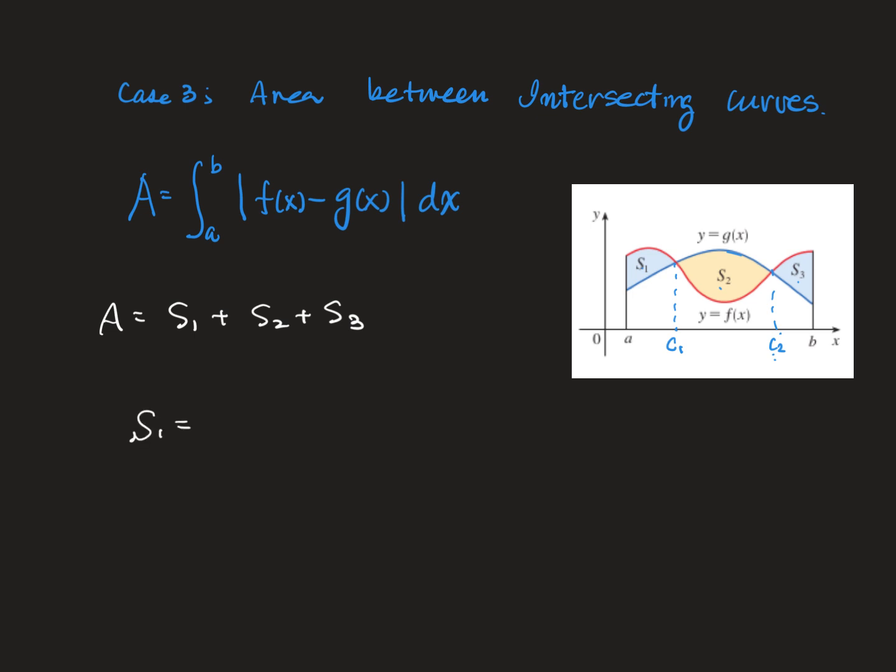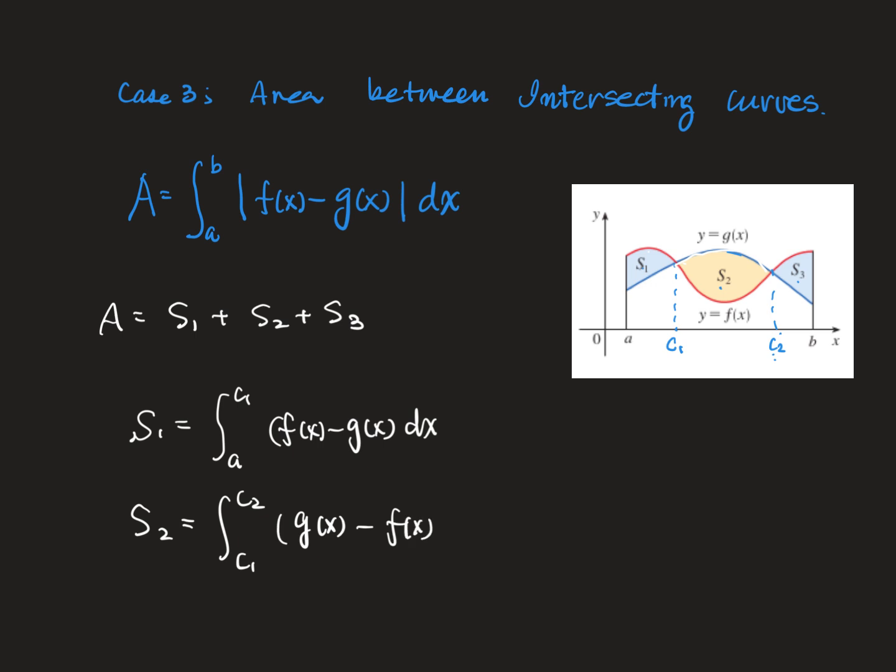S1 is going to be the integral from a to c1 of the upper curve f of x minus g of x dx. What is S2? The S2 area has upper curve g of x, from c1 to c2, g of x minus f of x. What is S3?